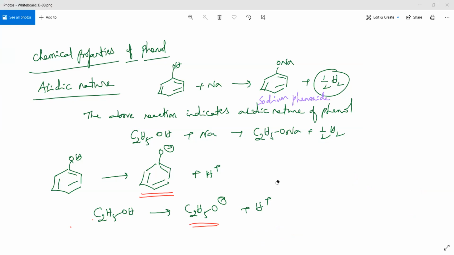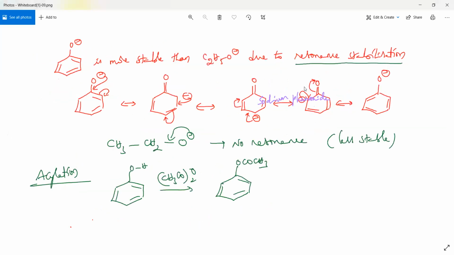But why is phenol more acidic than alcohol? Phenoxide ion is formed, which is more stable than ethoxide. As it is more stable, it is more acidic in nature.